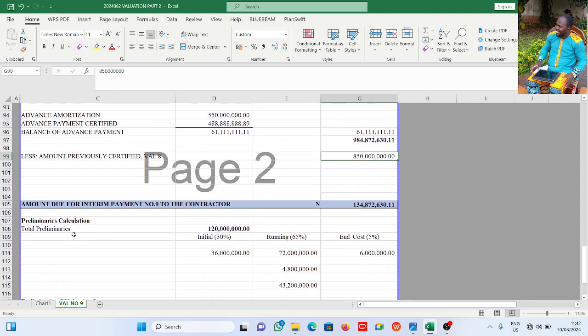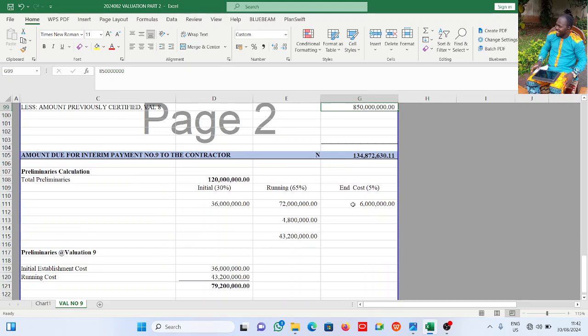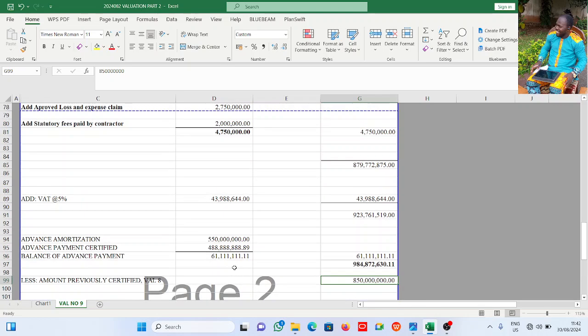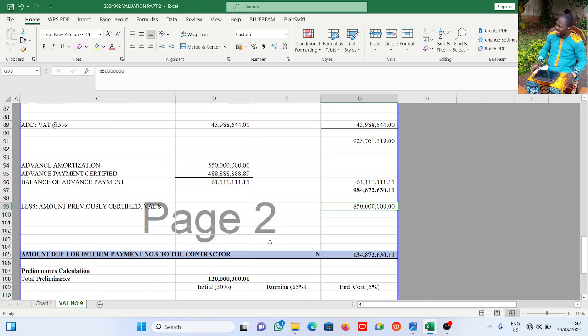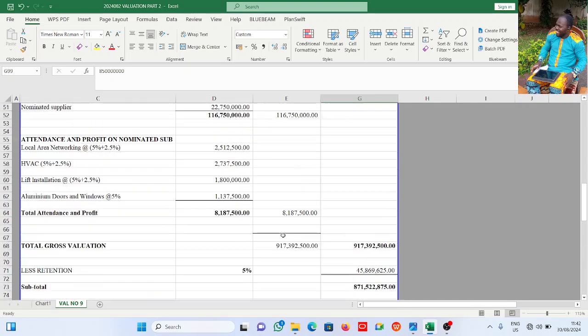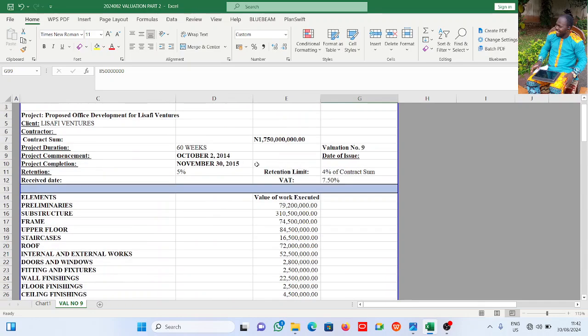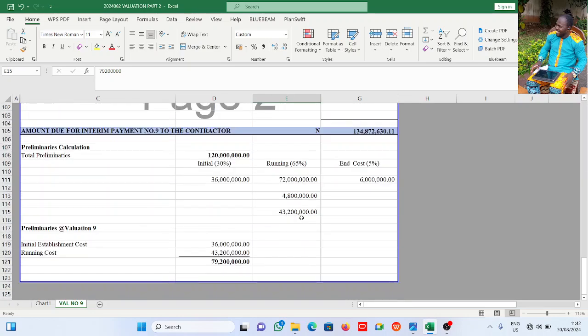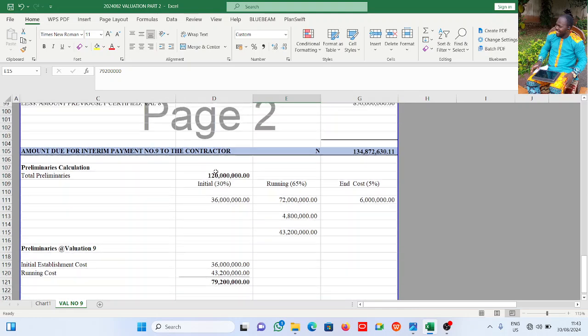Now see, I've already cheated for you here. But nonetheless, you can go ahead and prepare your own preliminary sheet and tell me from what you have learned, if you have learned anything from all the videos we have been posting, how we got that preliminary figure of 79,200,000. So this is the amount that is due to the contractor in valuation number 9.